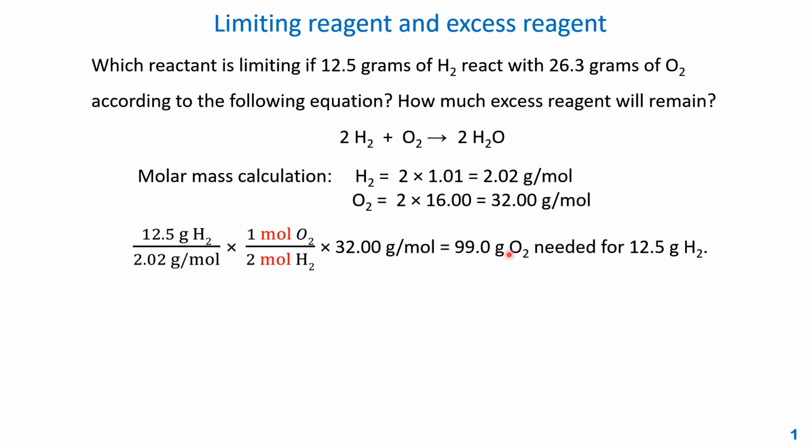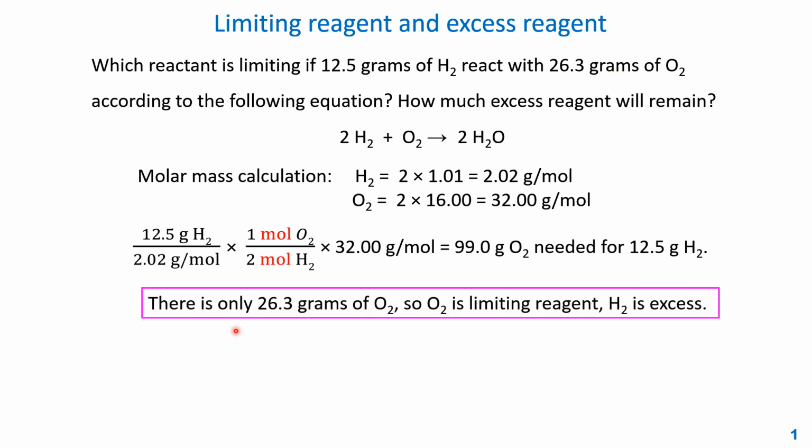Now we compare this needed oxygen with the actual oxygen. Seems like we do not have enough oxygen. We need 99 grams, but we only have 26.3 grams. So we can make the conclusion that since there's only 26.3 grams of oxygen, that's not enough.